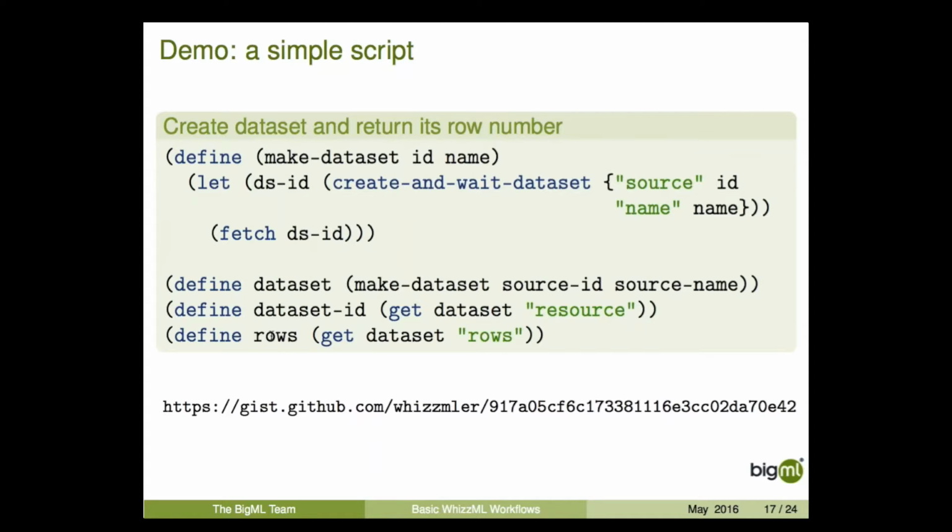So a pretty simple script. We make the data set, we retrieve the metadata, and then we dig through the keys in the metadata to get the values out that we want. And if you want to play with this script, there's a gist on GitHub that will allow you to download and execute the script yourself.